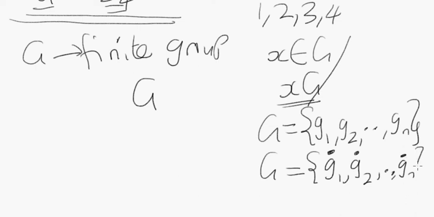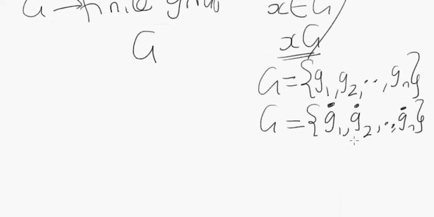And in particular, to be even more specific, are we saying that any finite group G is isomorphic to, is the same as, the symmetric group on the group? Is it the same as the symmetric group on this group?